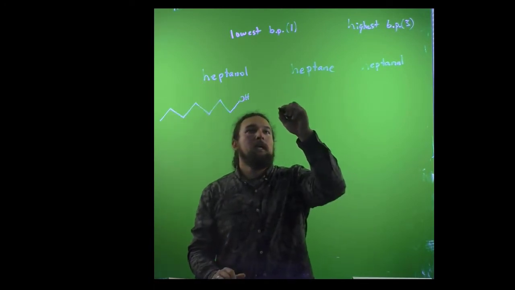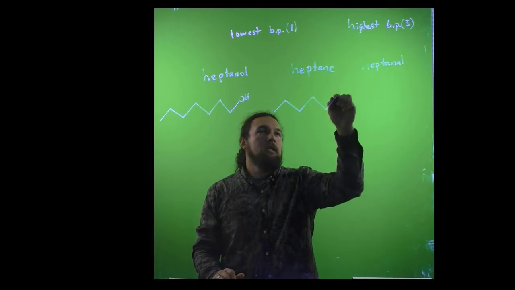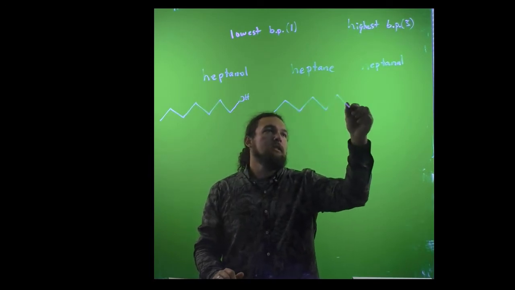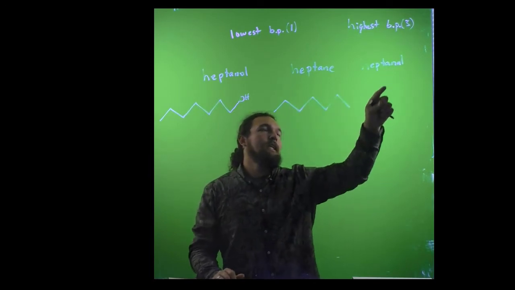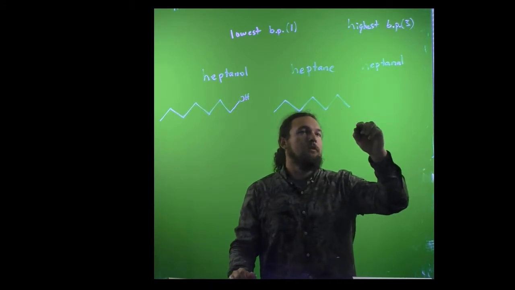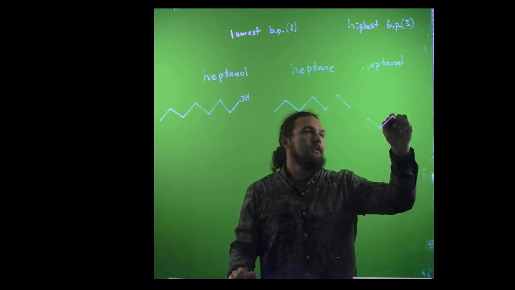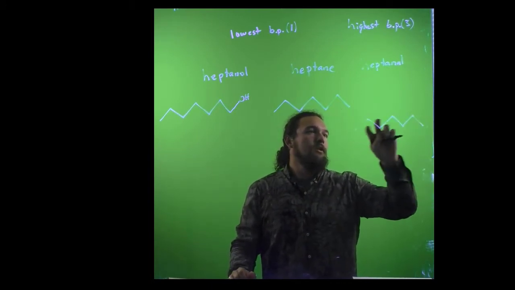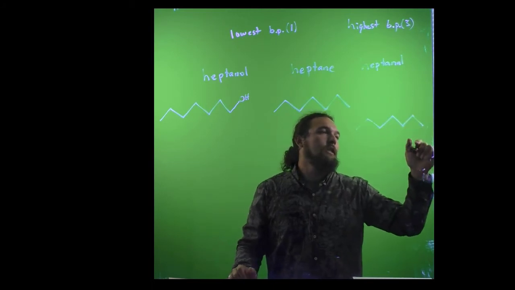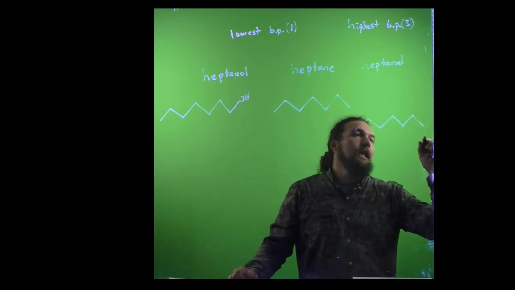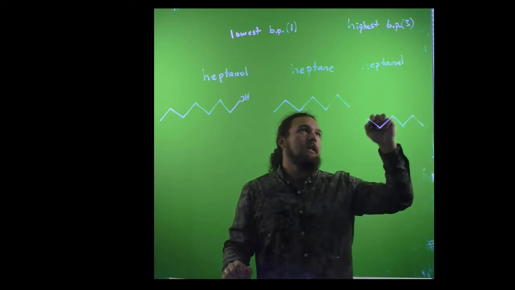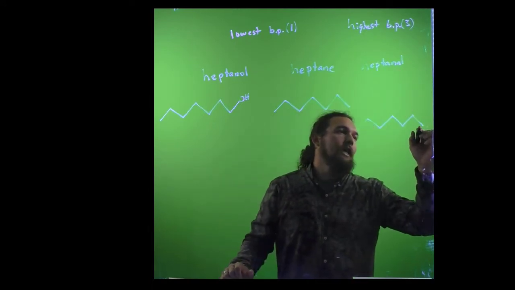Heptane would just be a 7 carbon chain. And then heptanal would be a 7 carbon chain. Anal is an aldehyde, and what that means is on carbon 1, it has to be at the end.